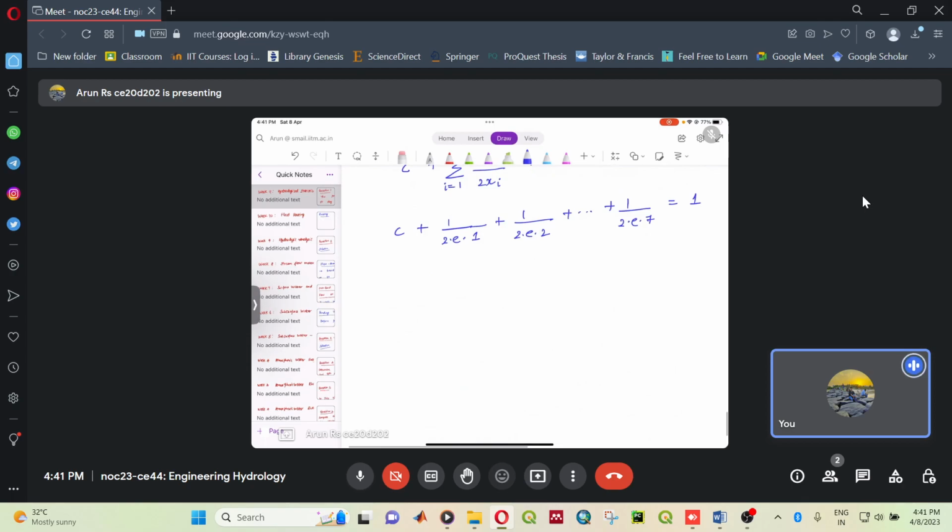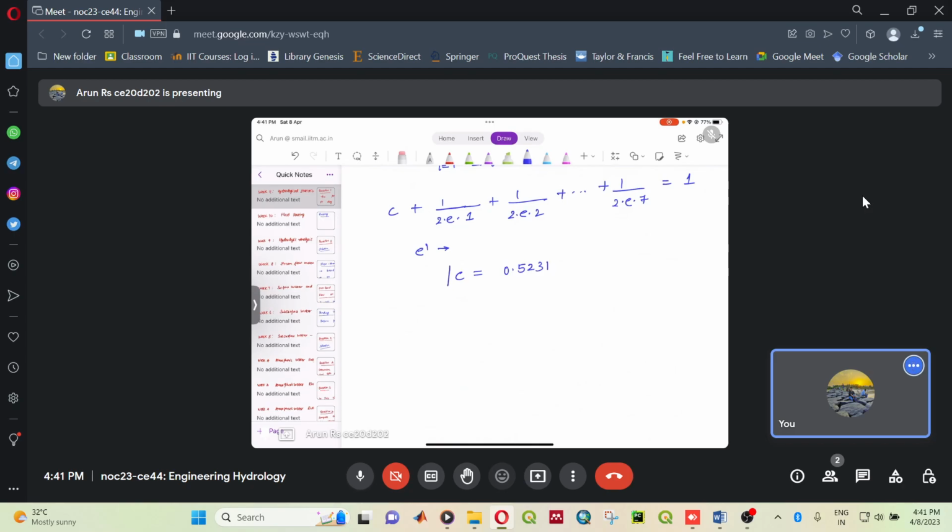If we simplify this, e takes the value of e power 1. You can compute this in the calculator. So your C will be equal to 0.5231. So if C takes the value of 0.5231, then the given PMF is valid. This is the first part of the question.